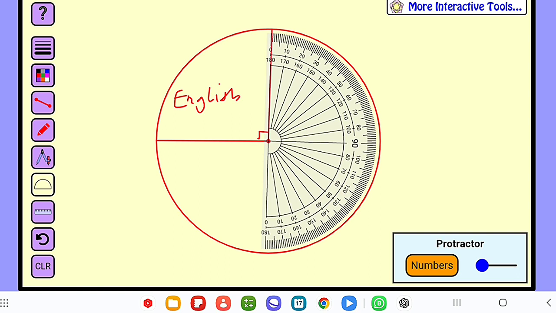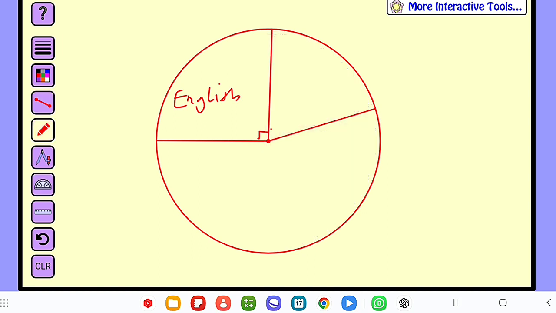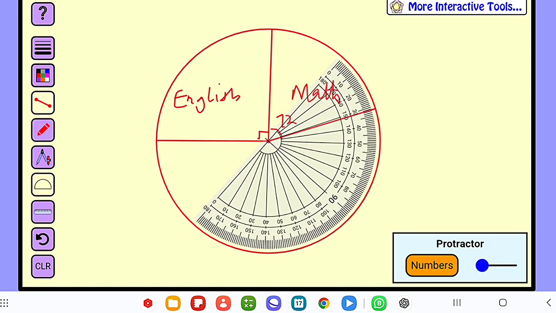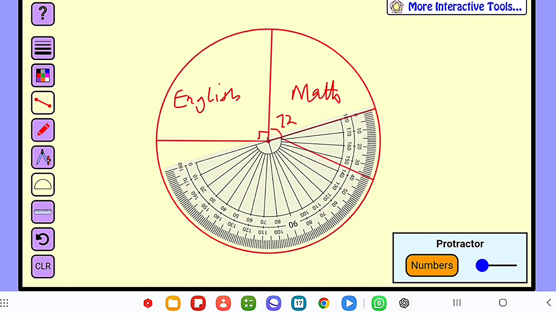You should measure 72 degrees. This is 72 degrees. You can see that. This is mathematics, 72 degrees. Then the third one is physics, which is represented by 36 degrees. This is 36 degrees.